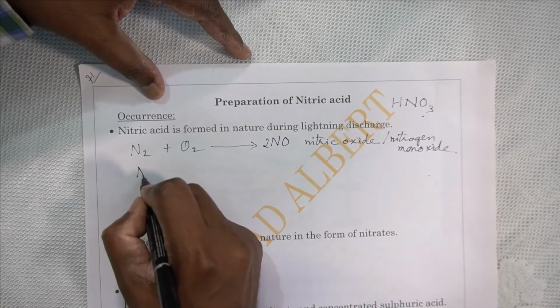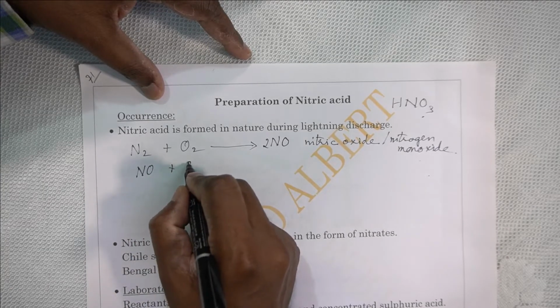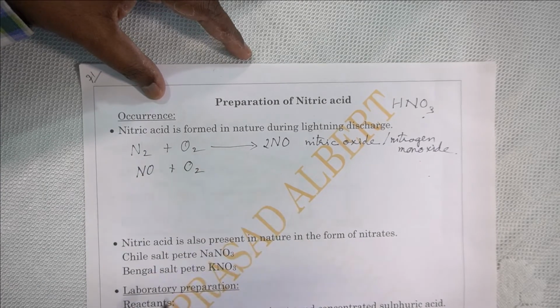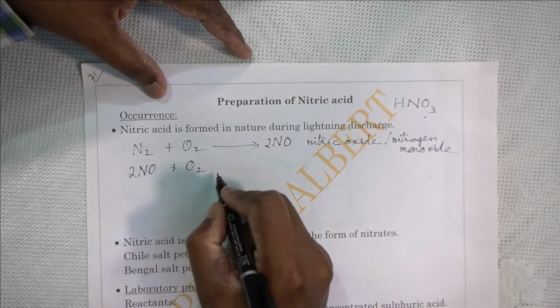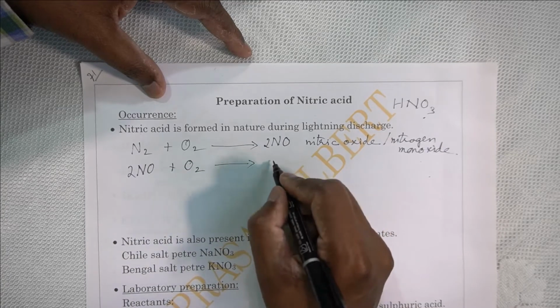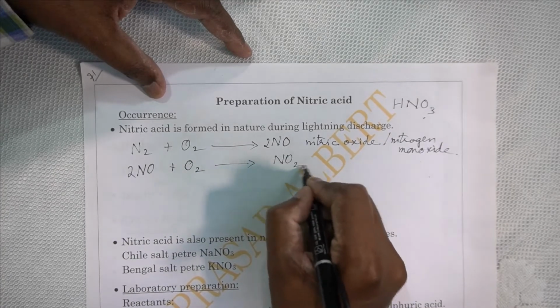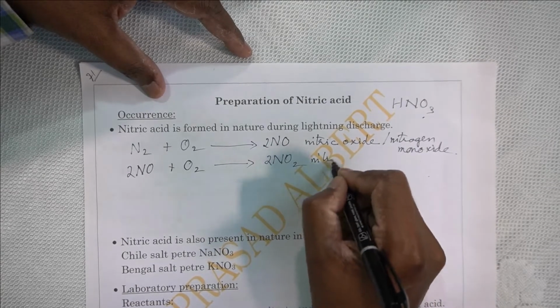Now nitrogen dioxide is formed further because the reaction does not stop here. The nitric oxide formed combines with oxygen of the atmosphere. Oxygen is available in the air. So it will form nitrogen dioxide, NO2.